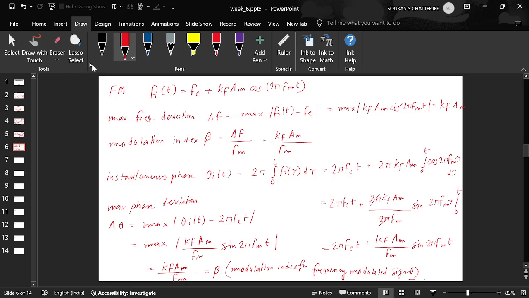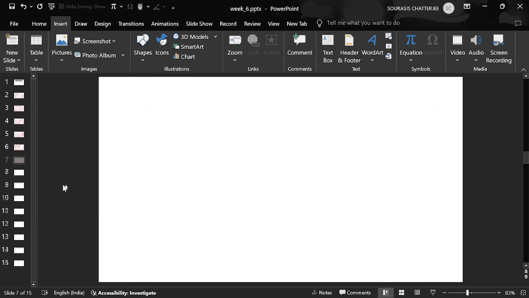So if I am to draw the geometric picture of how this modulation works for both phase and frequency modulated signals, it is going to look something like this.